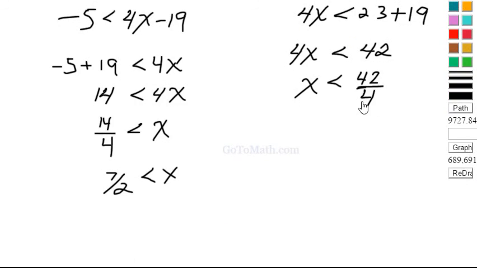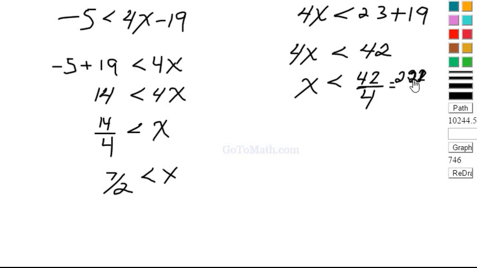Okay. Let's see. So that looks like that's going to go into that evenly. That's 2 times 12. No. That's 2 times 21.